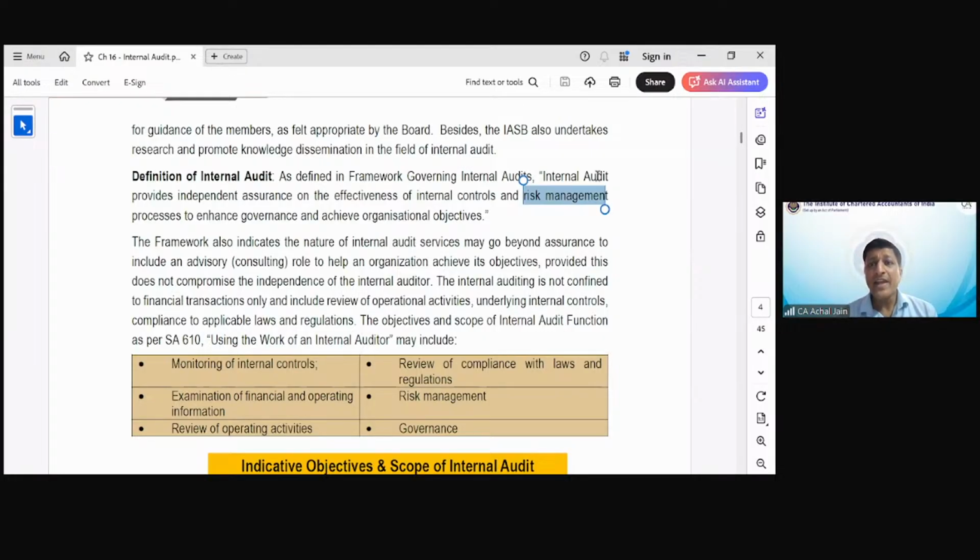So every entity has to have a strong system in place. Correct? Now, what is the meaning of that strong system in place? It means, in respect of various activities, the entity must have identified what can go wrong. Something which the statutory auditor also looks into.